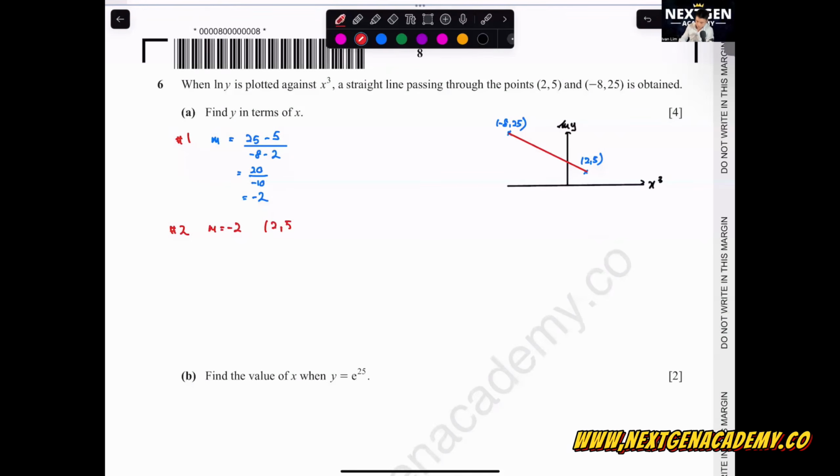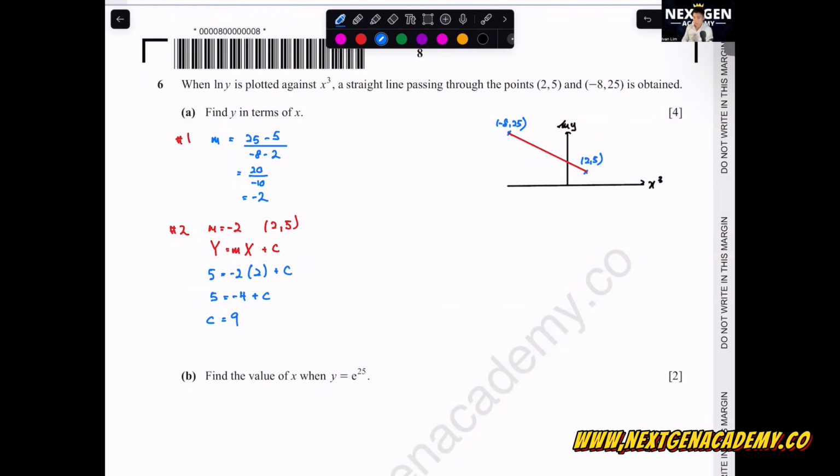I use the easy one, (2, 5). We put into y equals mx plus c. 5 equals to negative 2 times 2 plus c. This one will be minus 4 plus c. C will be equals to 9. So this step here is where normally students get wrong. I don't want you all to go and change it first.